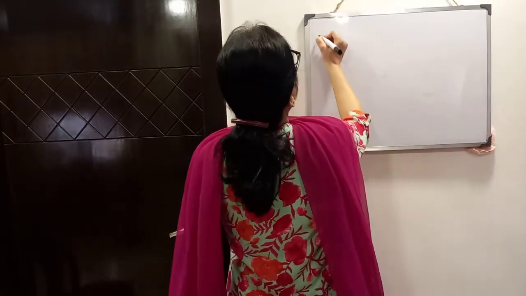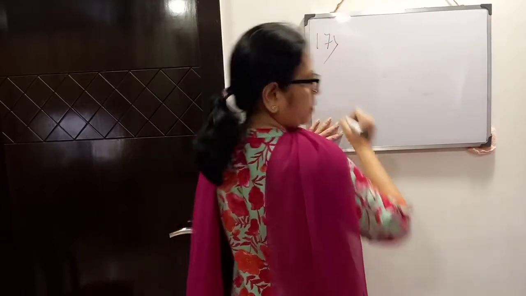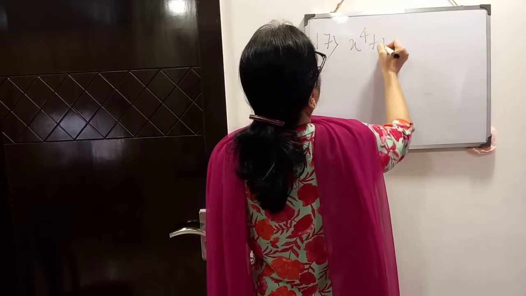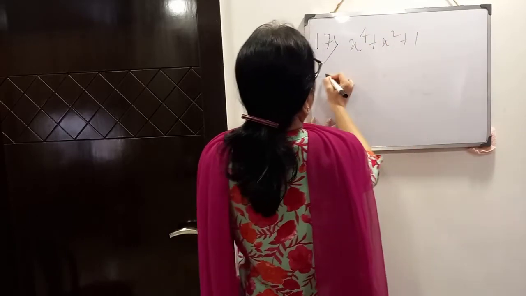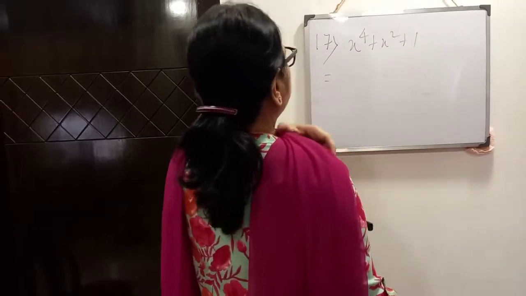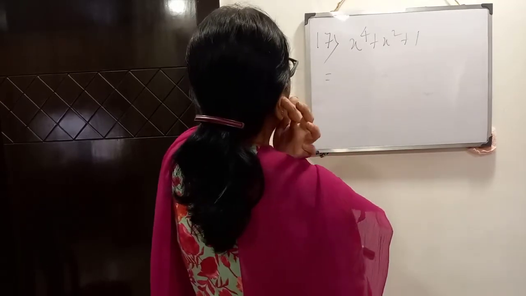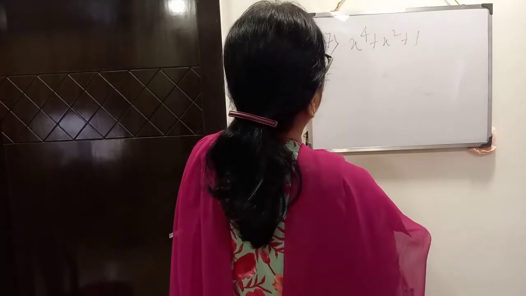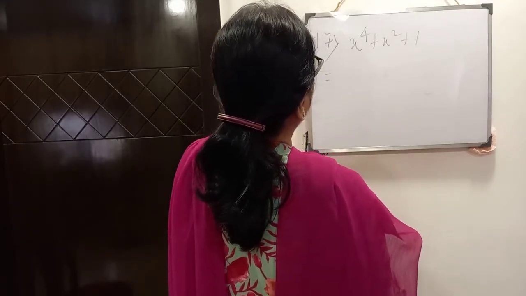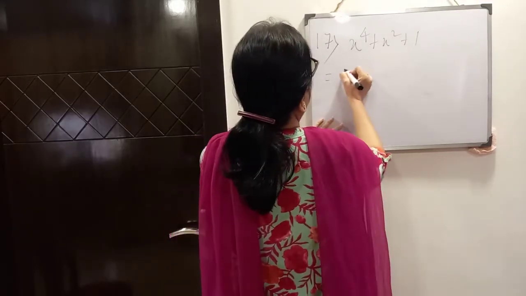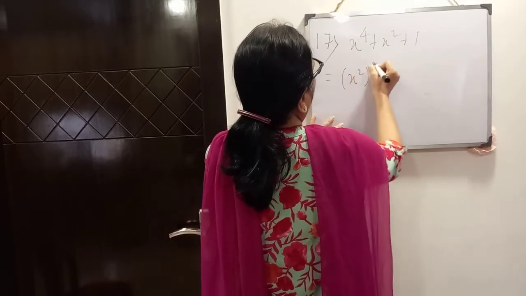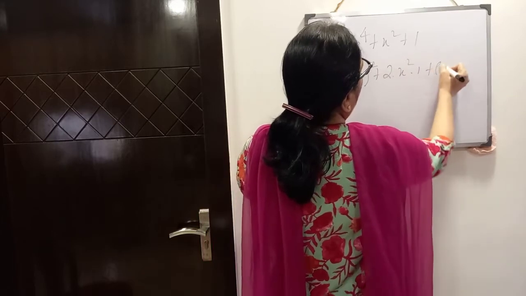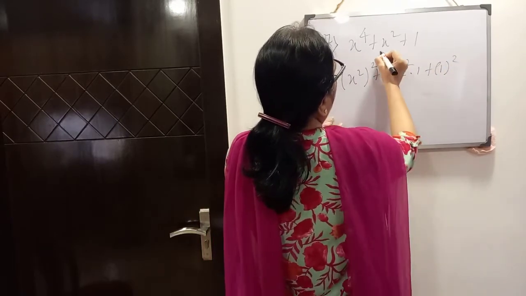You have done in class 7 that to put it in whole square formula, then what to do? We have to add something. Clear? So there is x square. So we will write 2. But there is only x square.